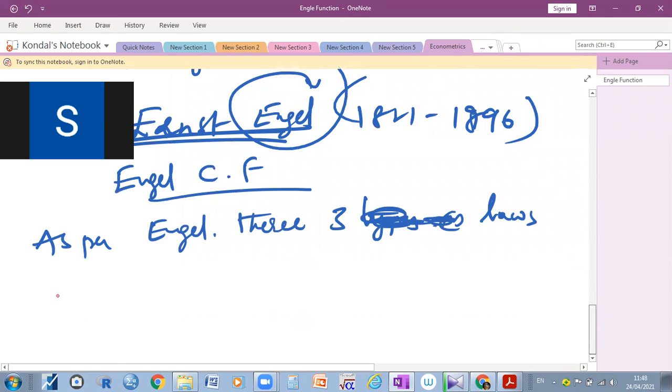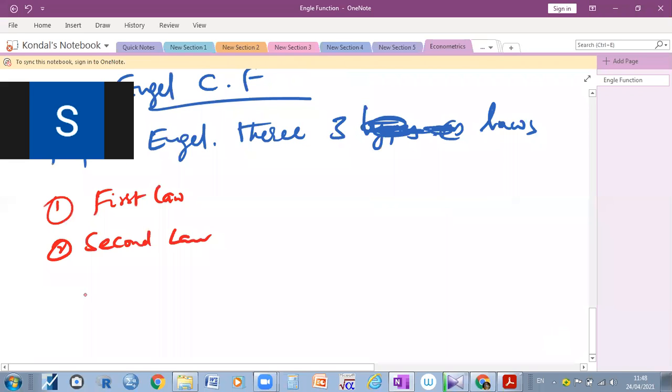The first one is the first law, then the second law, then the third law. Let me discuss what is meant by the first law, the second law and the third law. First, we will discuss the first law.